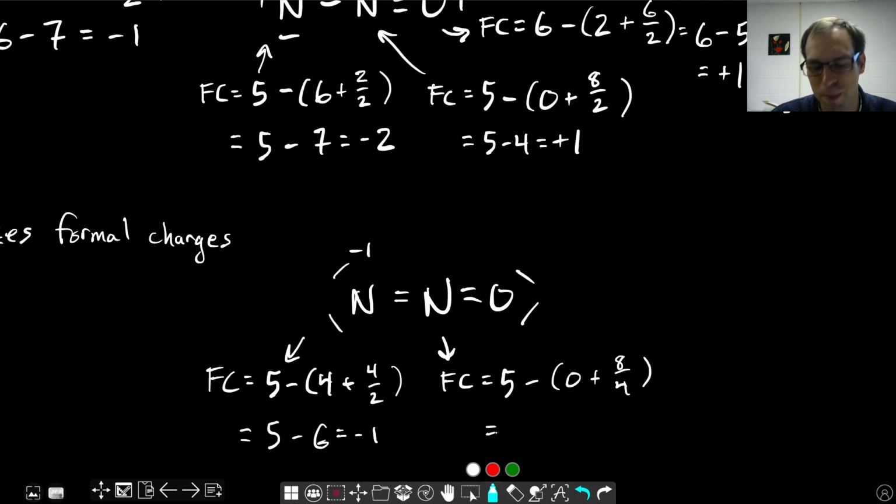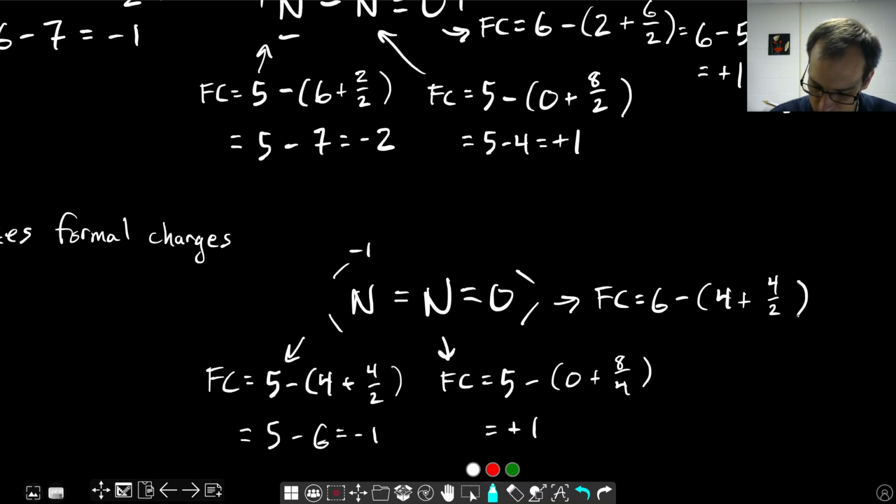We keep getting the same formal charge for it because the number of lone pairs never changes on it. So this gives us +1. And then our oxygen here, formal charge is equal to 6 minus 4, because we have 4 non-bonding electrons, and then we have 4 bonding electrons. We divide those by 2, which gives us 6 minus 6, which is equal to 0. So we have -1, +1, and 0.